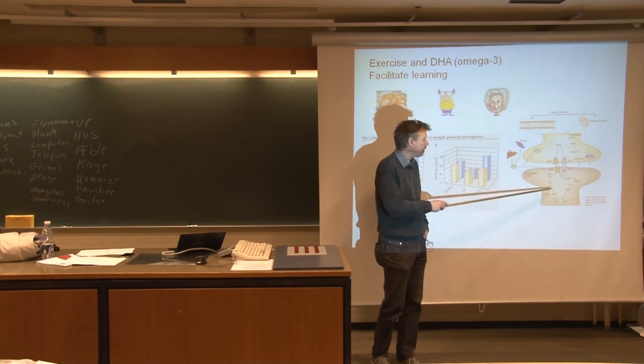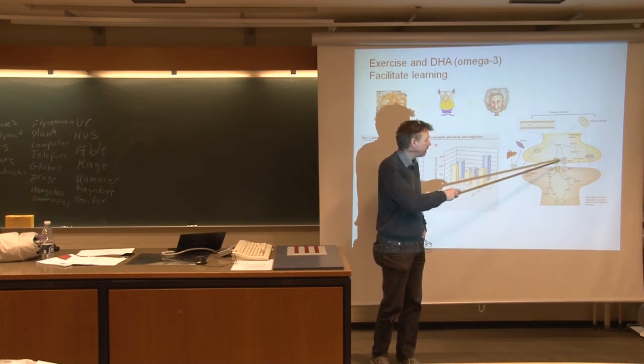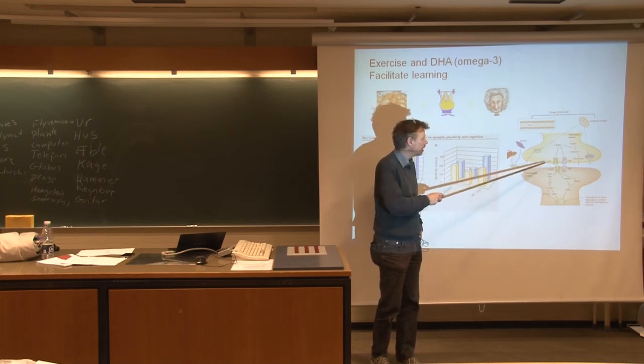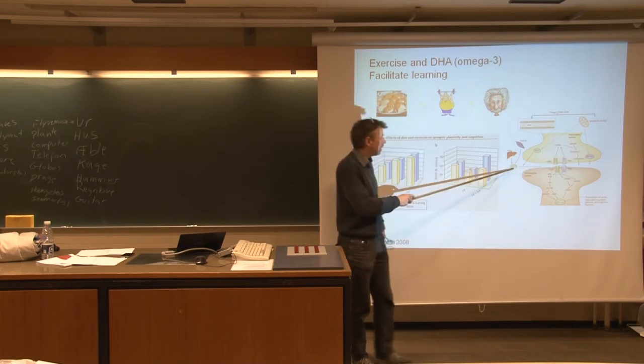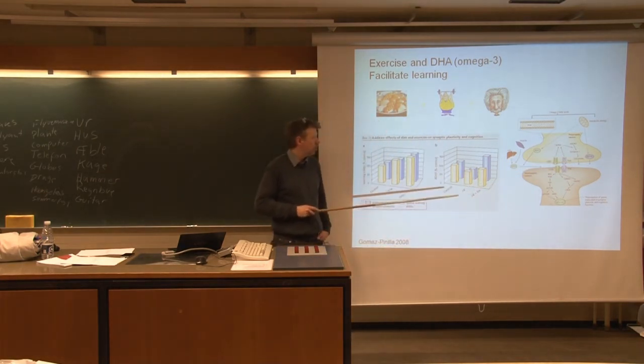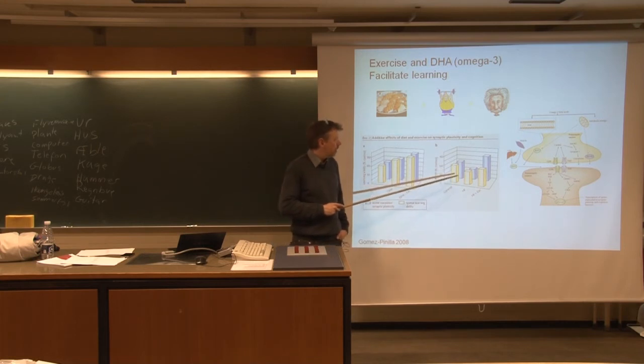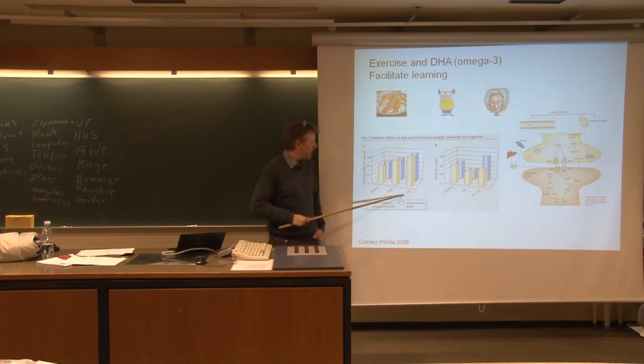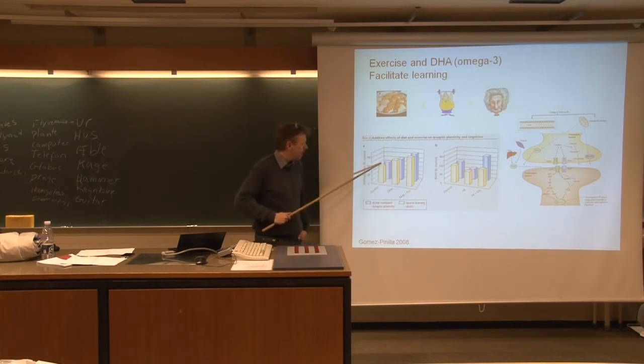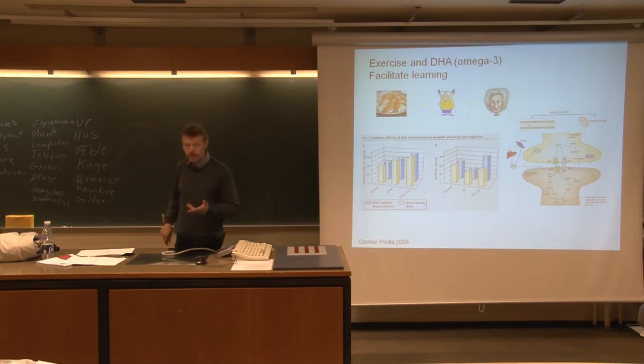The spine formation, which is simply a genetic program which creates the membrane and creates the receptors, is all signaled by BDNF and IGF-1 basically. So when looking at the combination of DHA and exercise, as you can see, control rats, rats given DHA, and rats doing both exercise and getting DHA, the combination works much better than any of them alone. So the right nutrition together with exercise actually does wonders, at least in rodents.